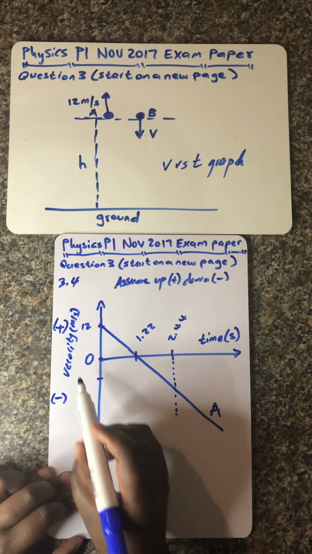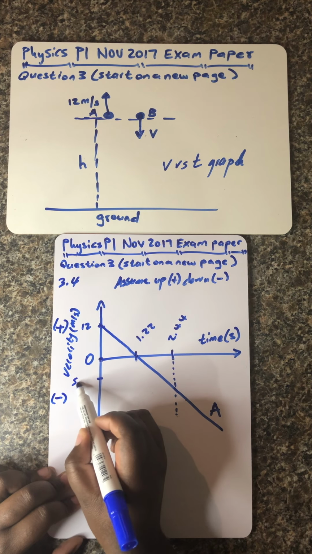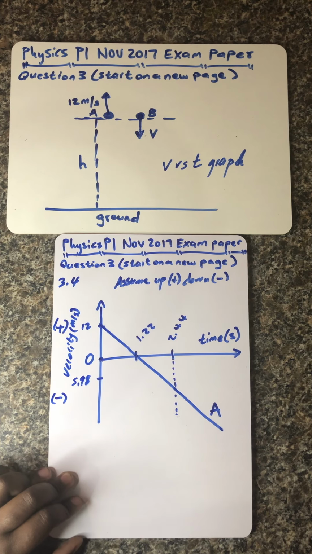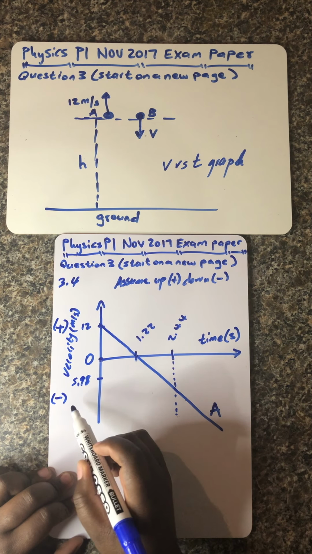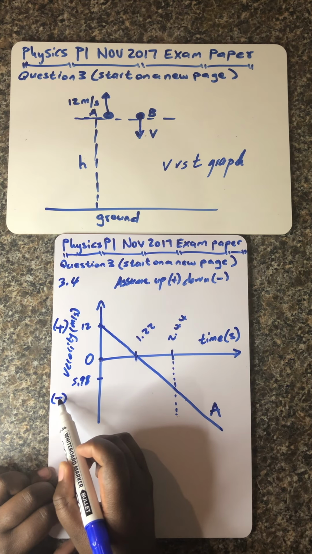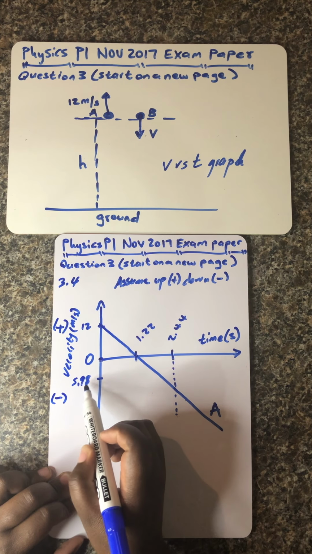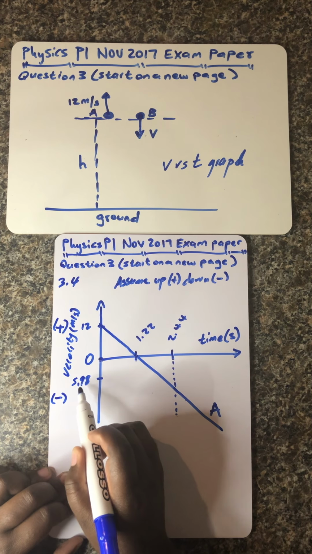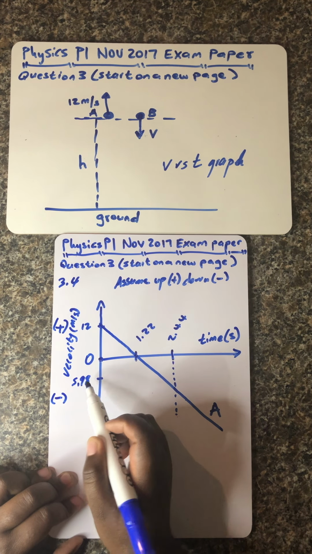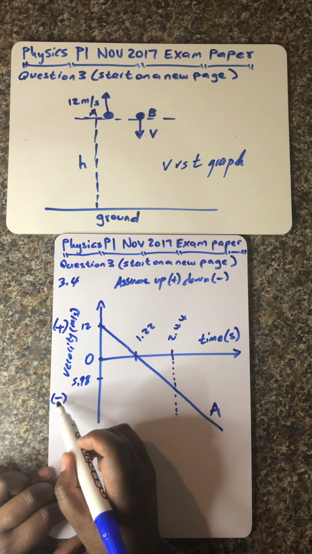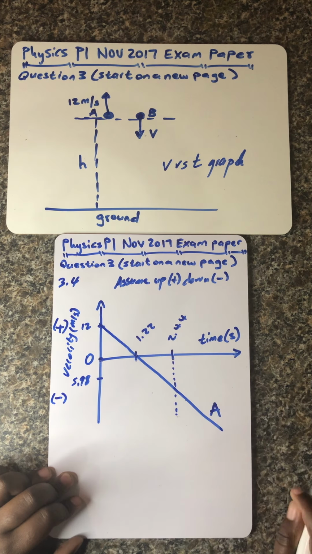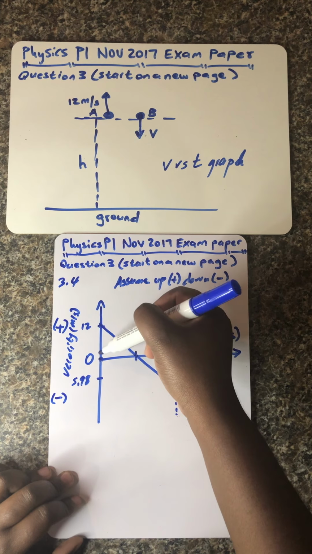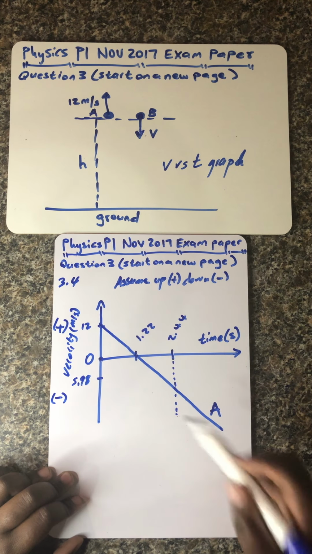Its initial velocity was 5.98 meters per second. So what I was saying, guys, is that initially I've indicated that it's negative 5.98, but that doesn't necessarily mean it's smaller when we compare it to the velocities on the positive side of that axis.